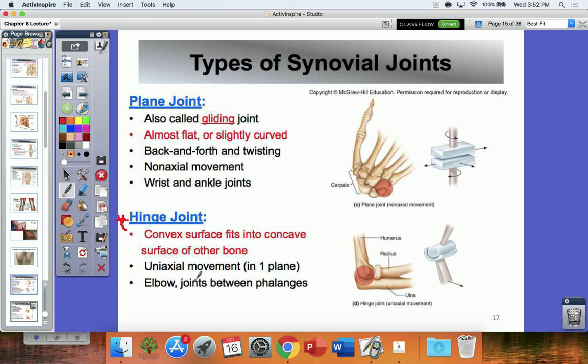And we also have our phalanges that have more of a hinge joint. And this is what it kind of looks like, where one is kind of cupped around the other. And if we're looking at the elbow joint, we have the ulna, this trochlear notch of the ulna is going to articulate with the distal end of the humerus.